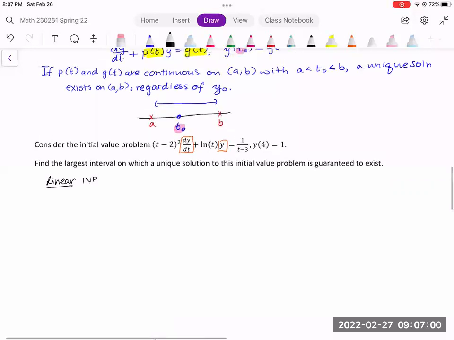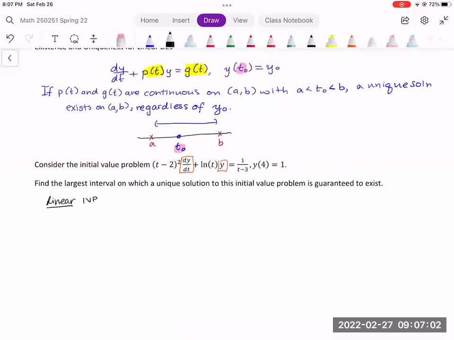We need to start by putting this into the standard format for linear DEs. So we're going to divide through by this factor multiplying dy/dt, which is t - 2. So dy/dt + (ln t)/(t - 2)^2 times y is 1/((t - 3)(t - 2)^2).